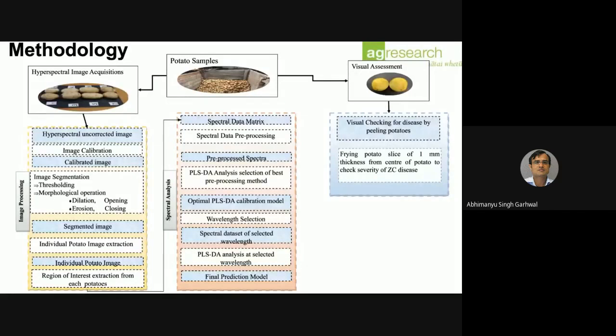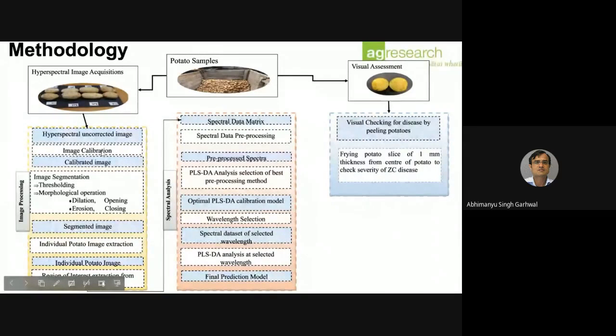Then we conducted a very big trial, and that's the methodology for the trial. We captured the images, then we calibrated the image, then we did the segmentation. We got the segmented image, then we extracted the individual potatoes from the tray, and then we extracted the region of interest.